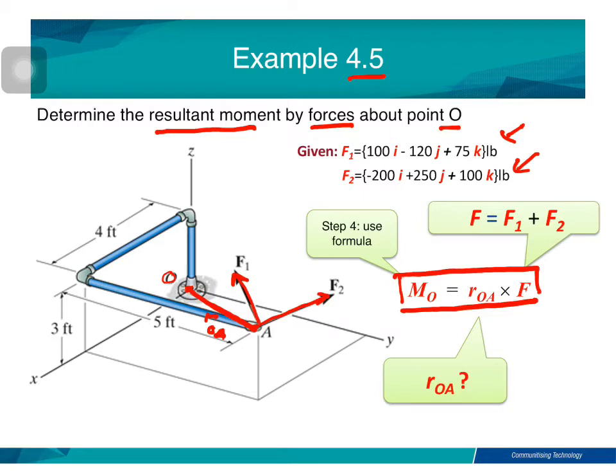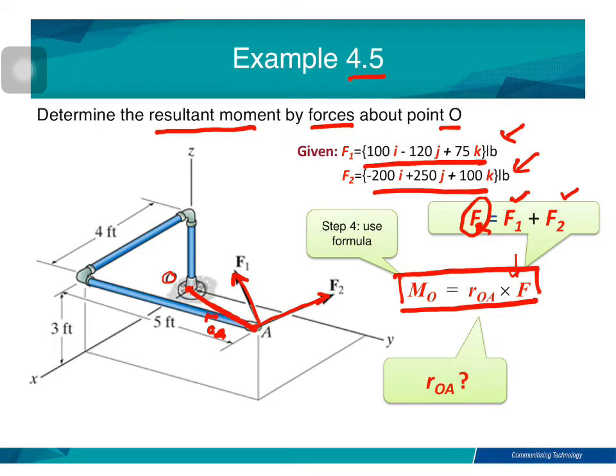So we can have F1 cross R OA plus F2 cross R OA, or you can have the summation of forces here. In order to substitute this F, we need to sum F1 plus F2. Here our F is already in Cartesian, so we can directly solve the resultant force here.